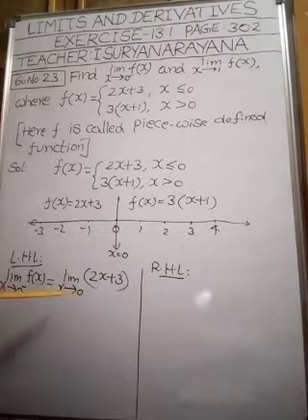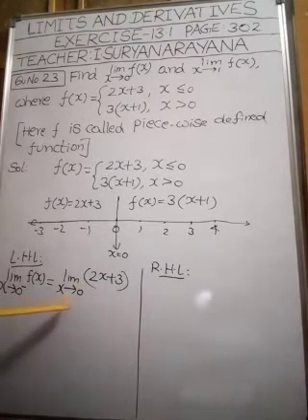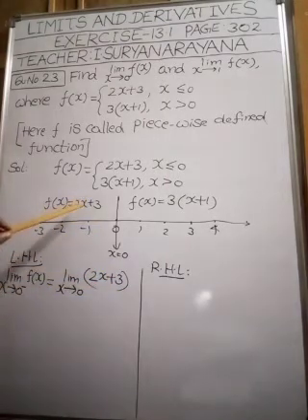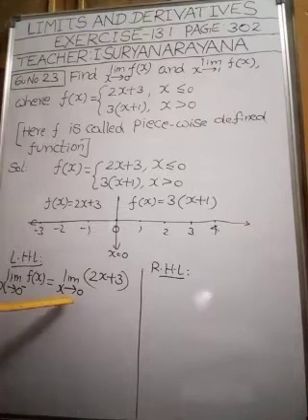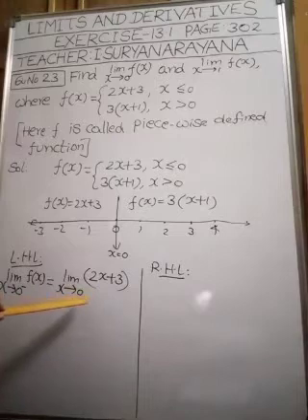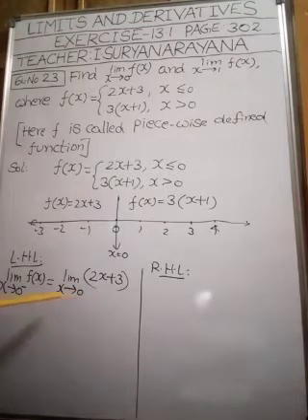And moreover, here there is no need for 0 minus. Just write 0 only, because we have found the actual function. That is why you need not write x tends to 0 minus. It is enough to write x tends to 0. Understood this step, my children? See the difference between these two steps.